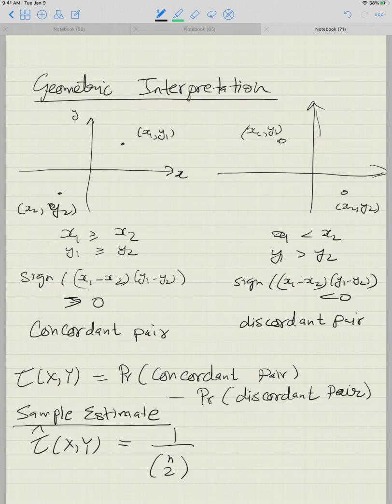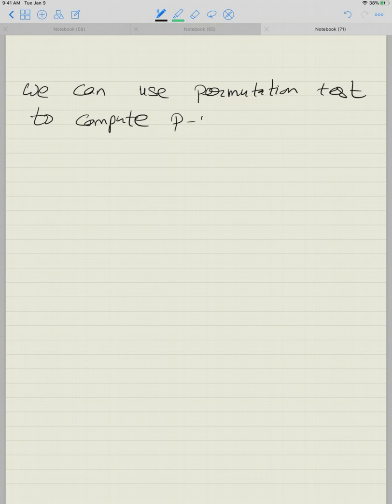You take all n choose 2 combinations of s not equal to t, sign of xs minus xt, ys minus yt. And we can use the permutation test to compute the p-values for statistical significance as before.